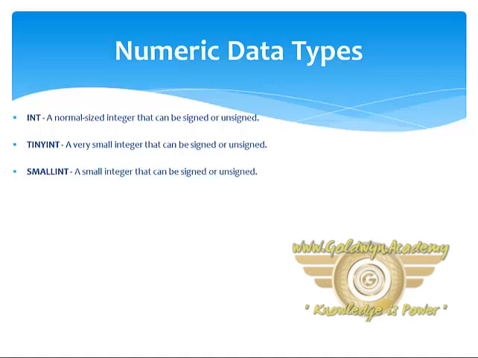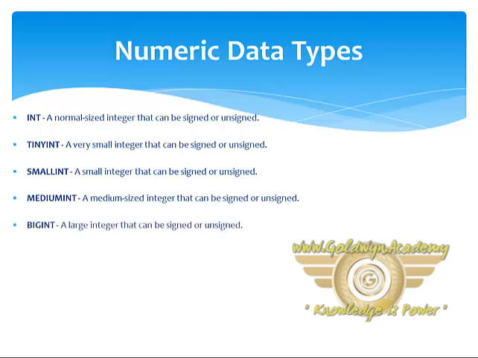Small int, again it is a small size integer that can be signed or unsigned. Medium int, a medium-sized integer that can be signed or unsigned. Big int, a large integer that can be signed or unsigned.